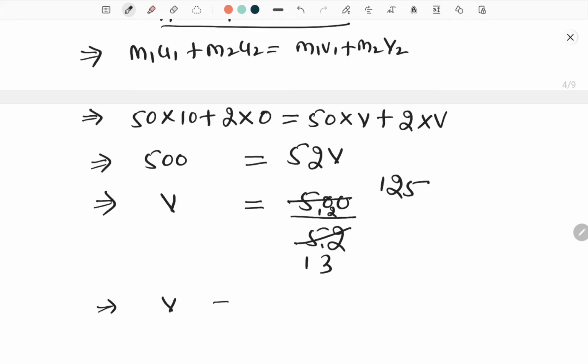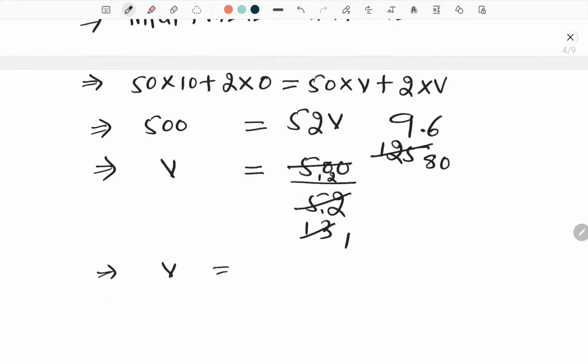Then afterwards, 13 nines are 117, and 3 sevens are 21. 117 means 120. 13 sixes are 78. You can leave it here only. So it is like 9.6 meter per second.